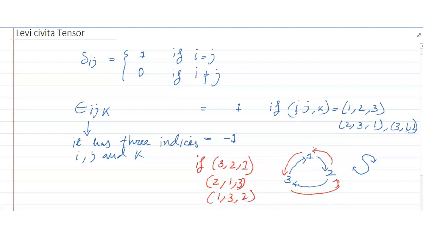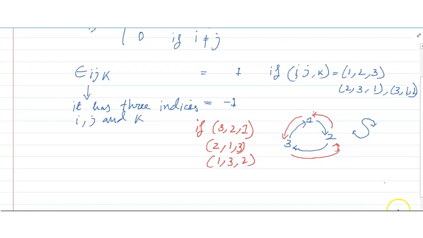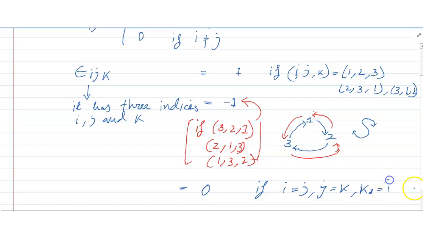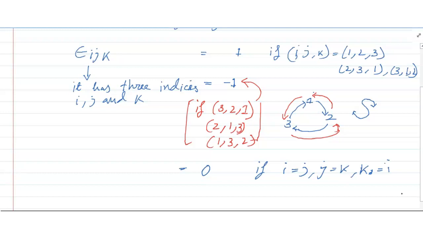If it moves this way, epsilon ijk value is minus 1. And it equals 0 if i equals j, or j equals k, or k equals i, which means there are repeated indices.